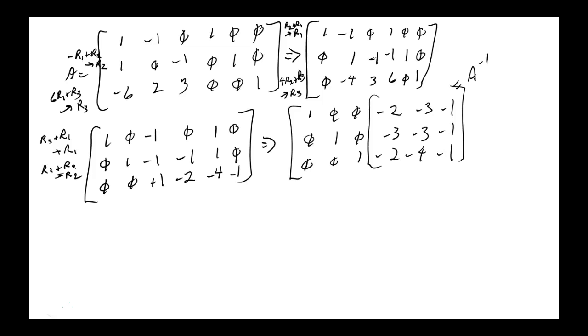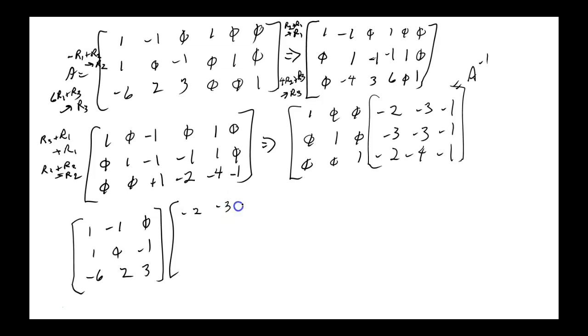Multiply it by A. Now that's going to be sort of a pain in the neck, but let's do it here. That's 1 minus 1, 0. 1, 0 minus 1. Negative 6, 2, 3. Multiplied by negative 2, negative 3, negative 1. Negative 3, negative 3, negative 1.